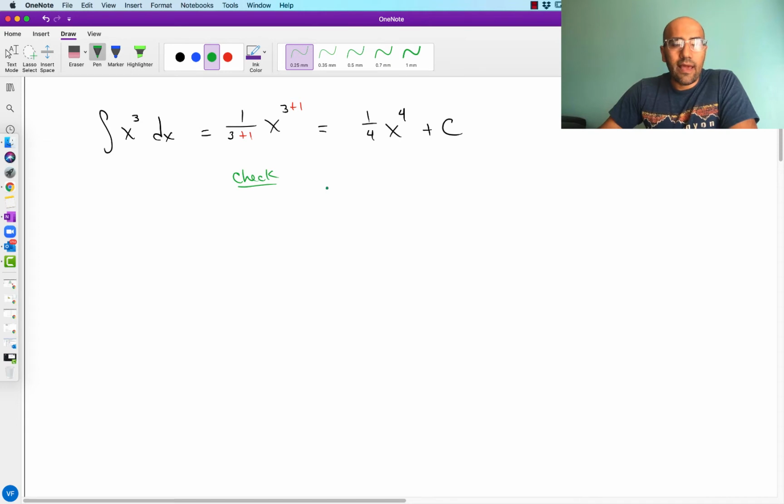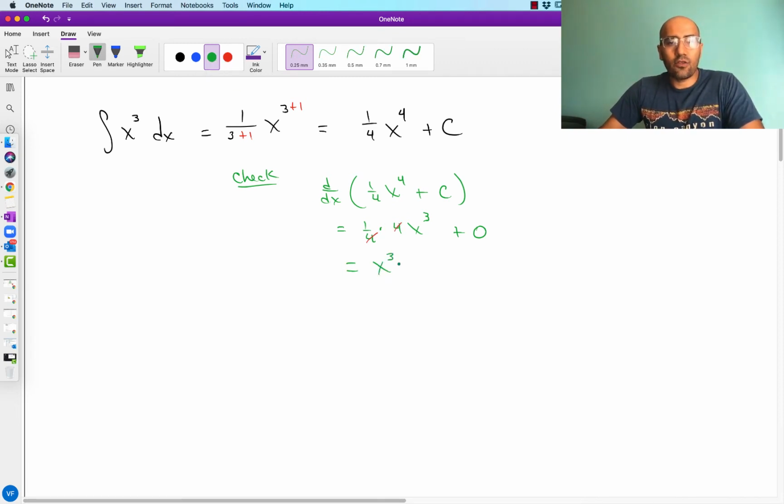The derivative with respect to x of 1/4 x to the 4th plus any constant c is going to be equal to 1/4 times 4x to the power of 3 plus 0. The derivative of any constant number is 0. And then the 4 and the 1/4 cancel, giving you exactly what we expected, x to the 3rd power.